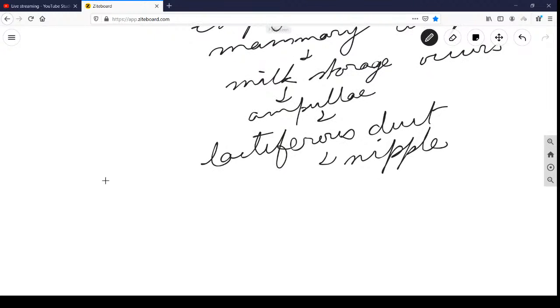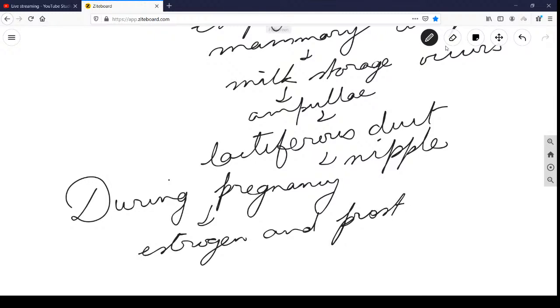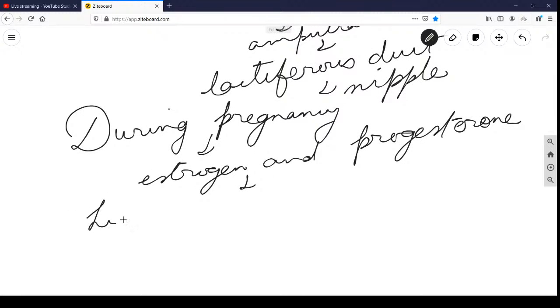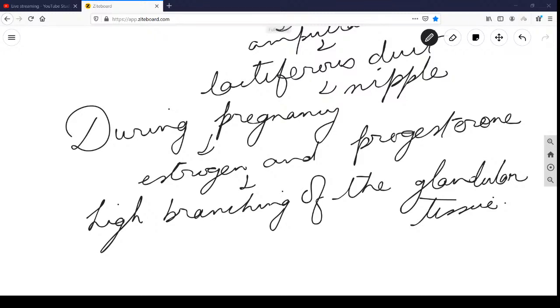So you can say during pregnancy, the estrogen and progesterone levels are both high, and that leads to a high amount of branching of the glandular tissue, and more breast development.